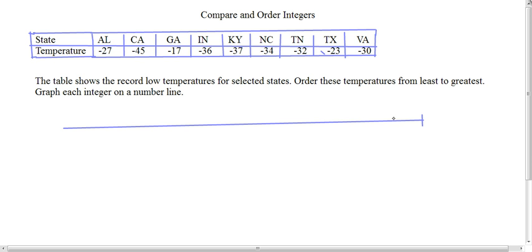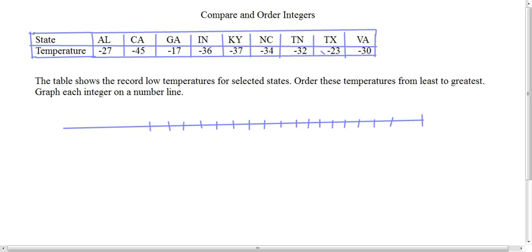So we will maybe put here negative 16, negative 18, negative 20, 22, 24, 26, 28, 30, 32, 34, 36, 38, 40, 42, 44, 46, and 48. So that's pretty much what we need. I'm looking at my highest number being negative 17 and my lowest number being negative 45.